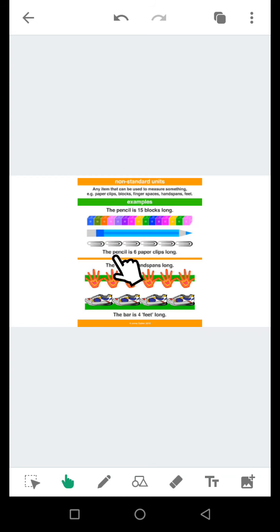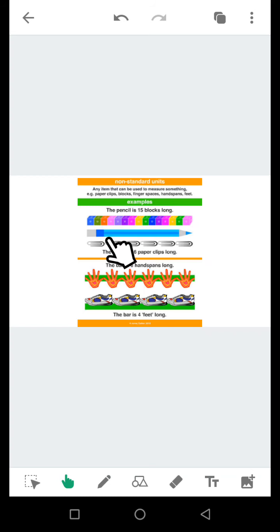So we can now say the pencil is 6 paper clips long. Right? Now let's check using blocks.